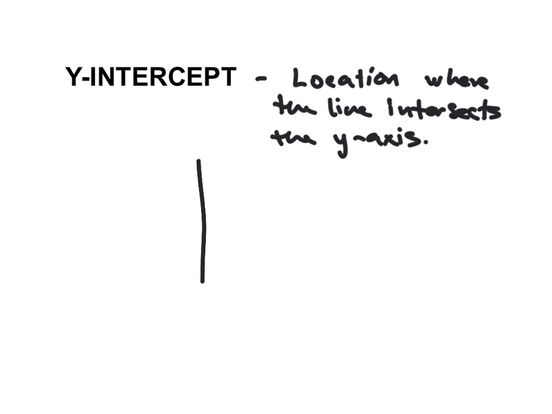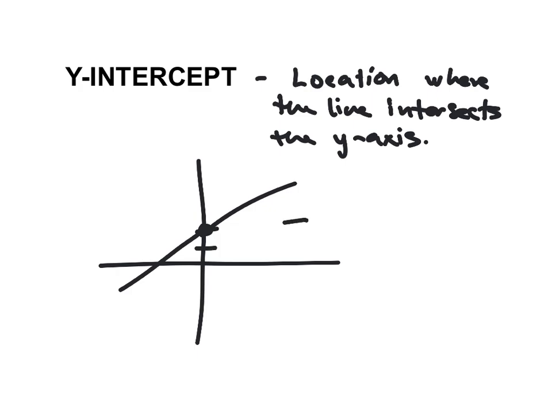So I'm just going to give you an example here. Let's say you have a line here that looks like this, okay? What I'm interested is labeling our y-intercept, and we call that our b value. And the value where it crosses the y-axis is at 2, so b would be equal to 2, okay? And that's the idea, all right?